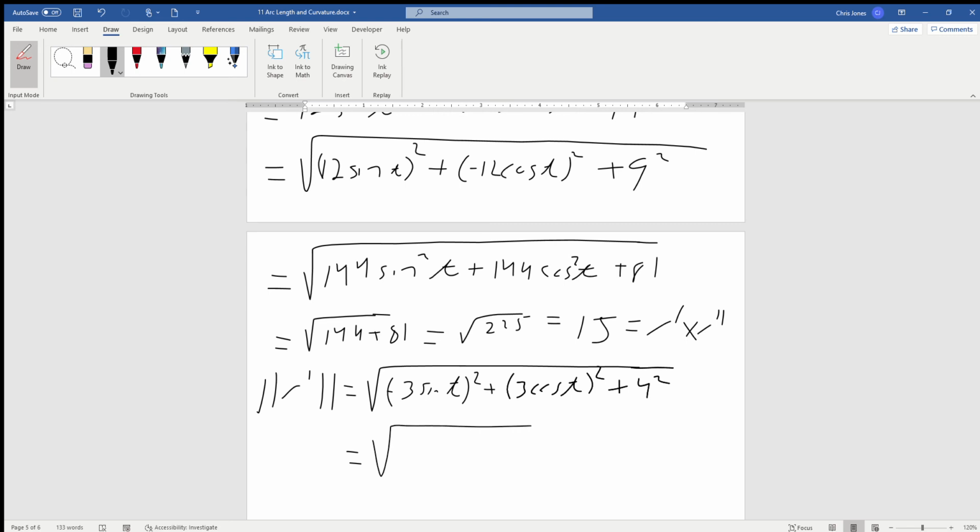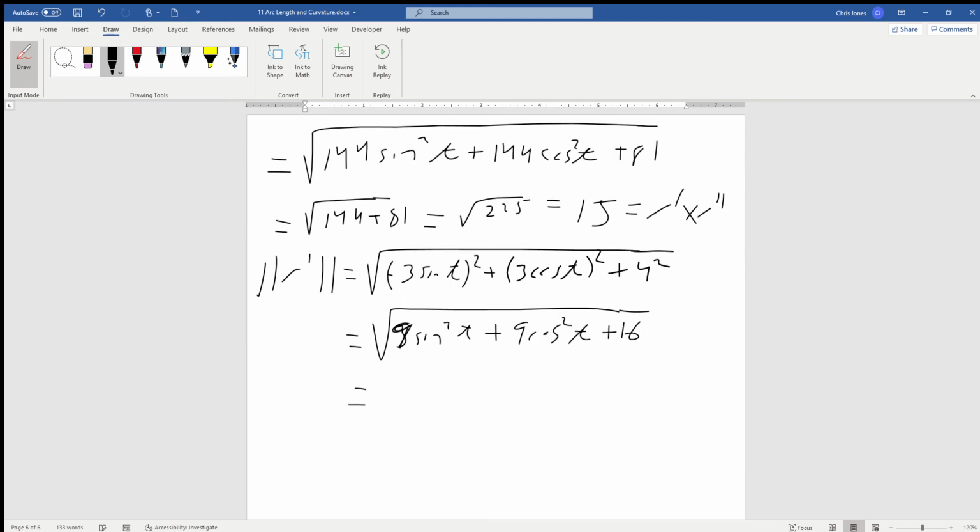Again, we're going to get 9 sin squared t plus 9 cos squared t plus 16. This should just wind up being 9 plus 16 under the radical, so 9 plus 16 is root 25, or just 5.